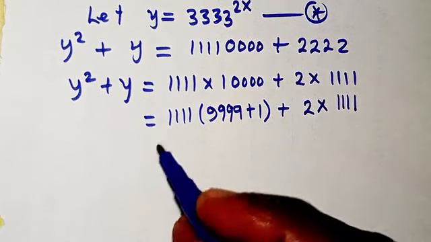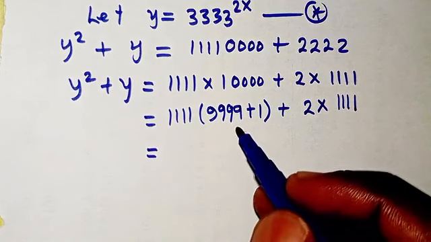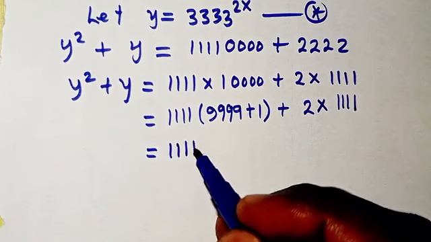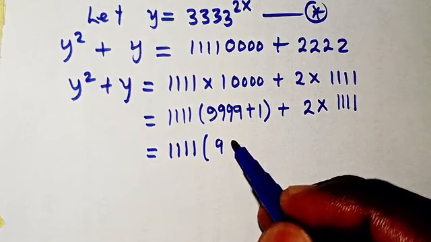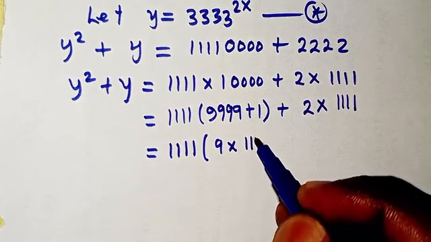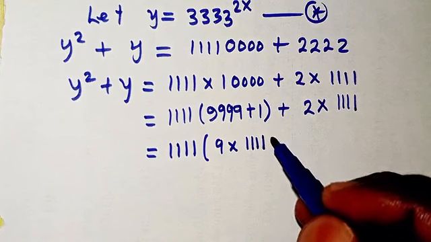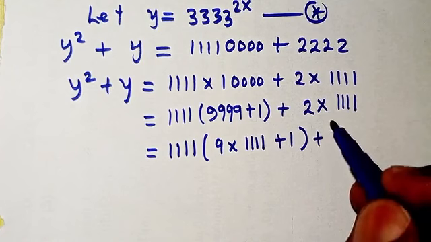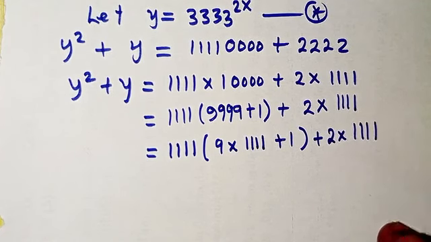Now we move on by having, this 9999 I can also write it as 9 times 1111, then plus 1, plus 2 times 1111.